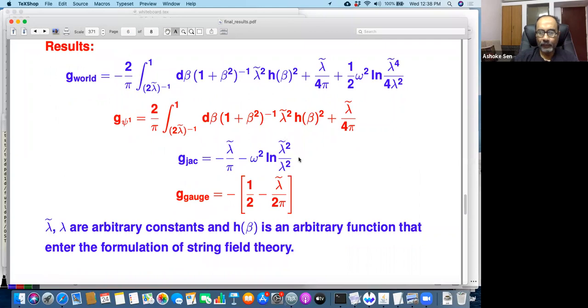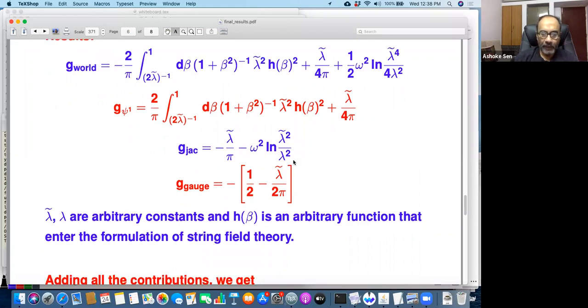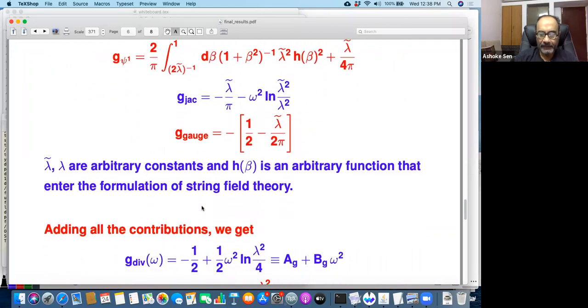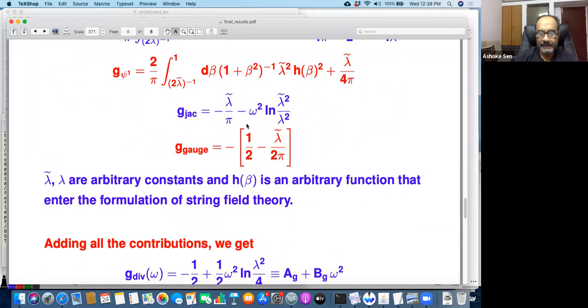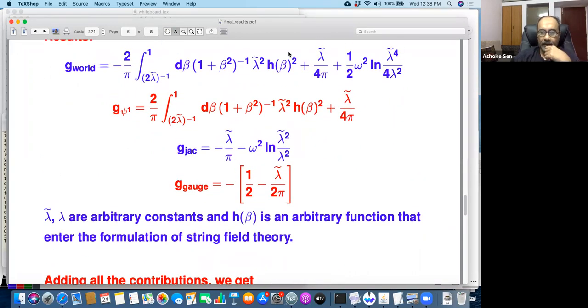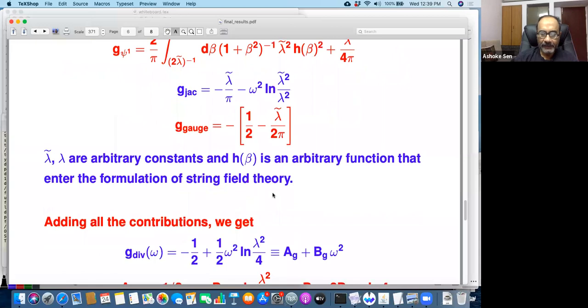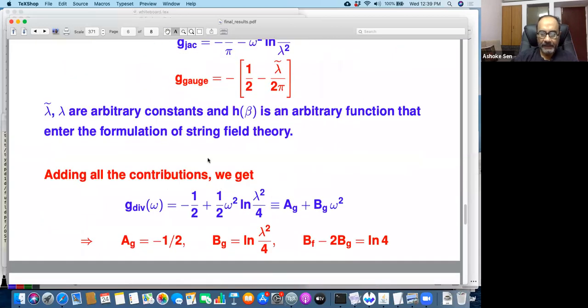So in any case, these are complicated formulae. But the important point is that after you add all that, everything cancels. And that's in fact one of the key consistency checks of this whole analysis. If you had made a mistake, these dependencies or these extra parameters wouldn't cancel. After you add everything, it cancels and you arrive at this expression for the divergent part of G. And this is where this AG and BG come from.